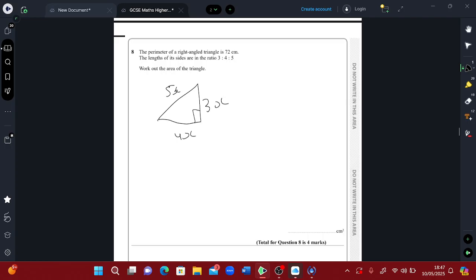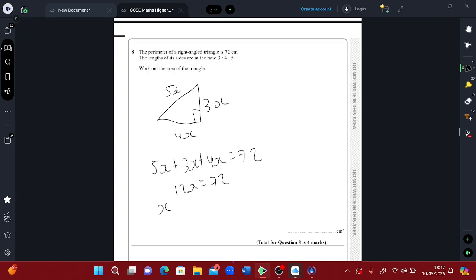So it says the perimeter then is 72. Well, actually, that tells us what x is because we know that 5x plus 3x plus 4x is 72. And then it's just solving the linear equation. So 5 plus 3 plus 4, collect like terms here. When you're collecting like terms, just add the coefficients. 5 plus 4 plus 3 is 12.